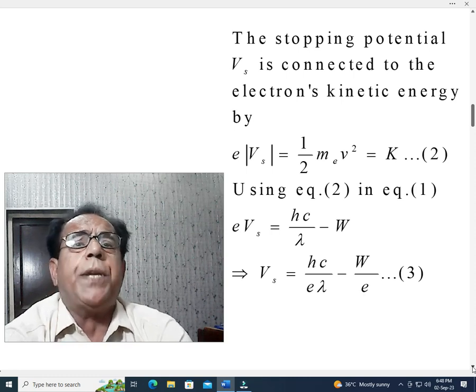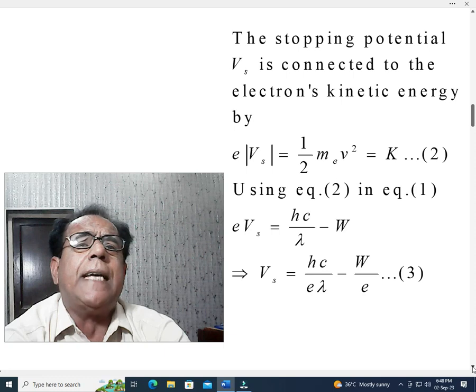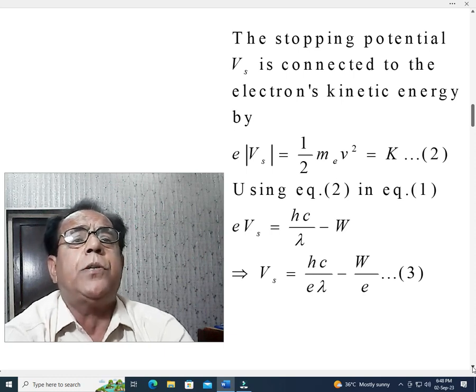Half m_e v squared is equal to K. We designate this expression as equation number 2.